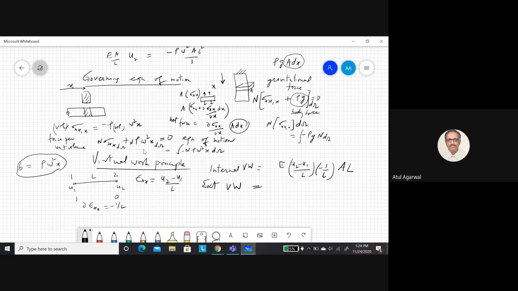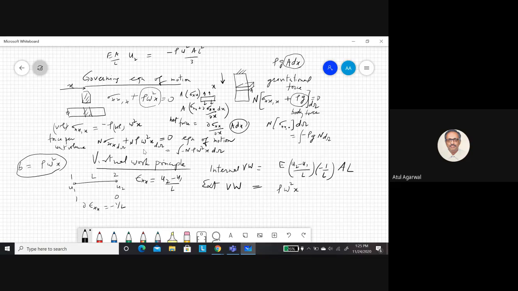In this equation, sigma xx comma x plus rho omega square x is equal to 0. So this term is known as body force. So external virtual work is this body force into the displacement, virtual displacement.